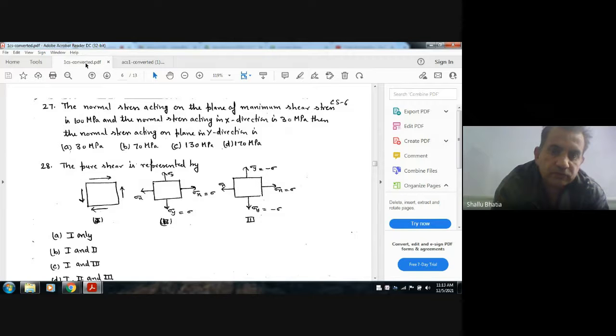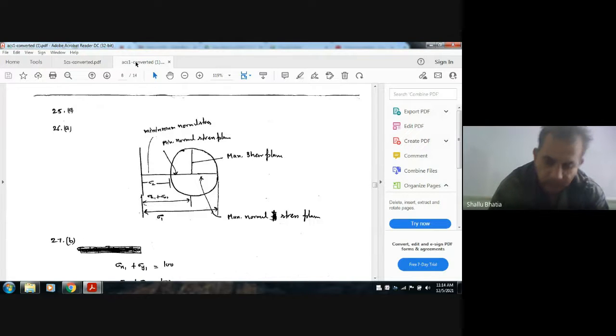We know that the normal stress on the plane of maximum shear stress is the summation of sigma x and sigma y divided by 2.